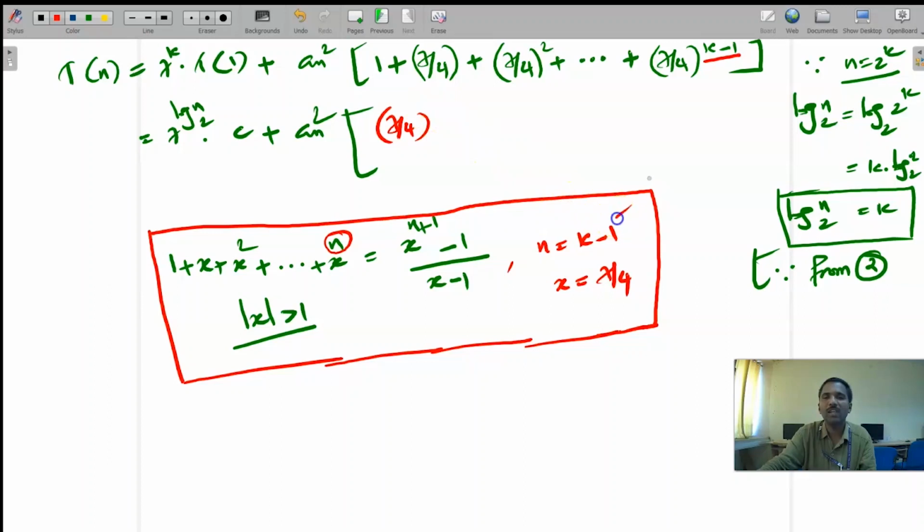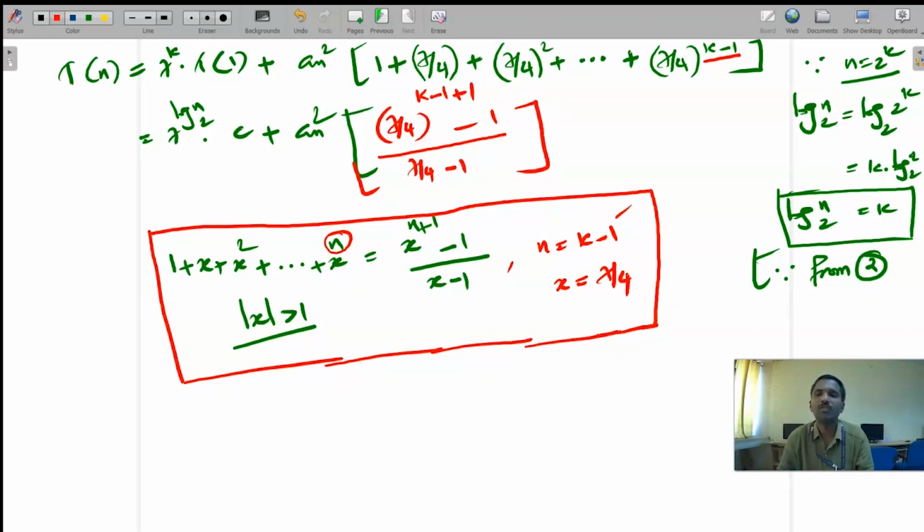What is n? n is k minus 1. Carefully write k minus 1 plus 1, n plus 1 minus 1 divided by x minus 1. x is 7 by 4 minus 1. That's all.